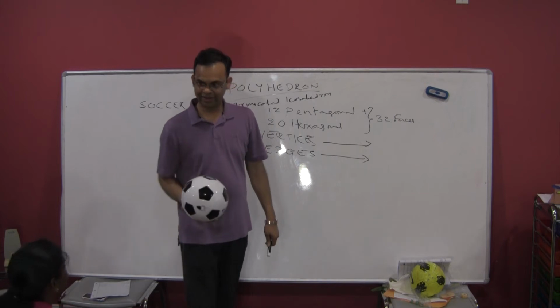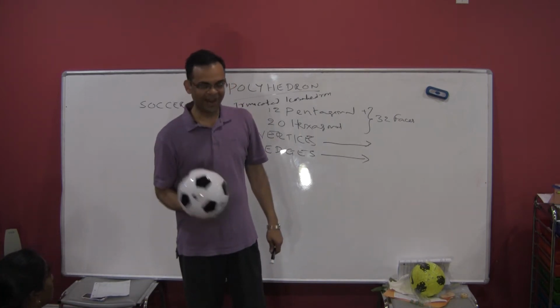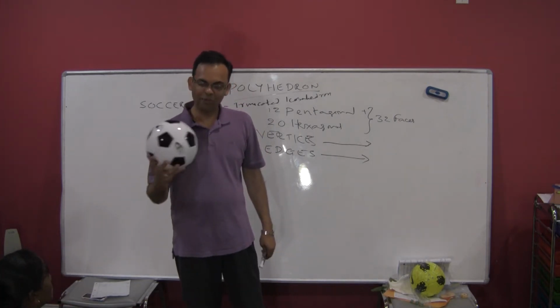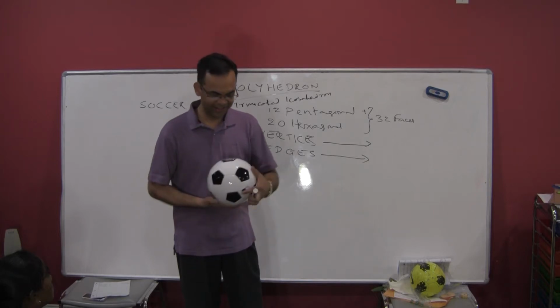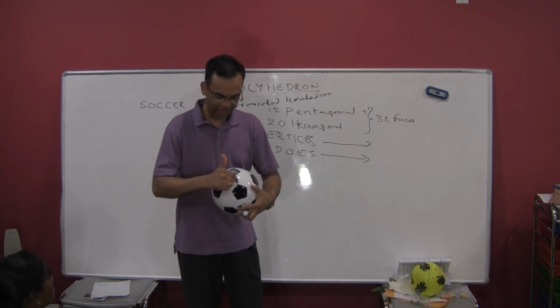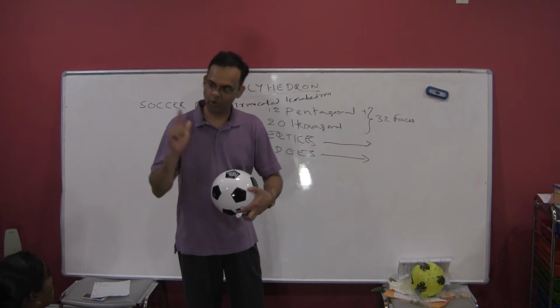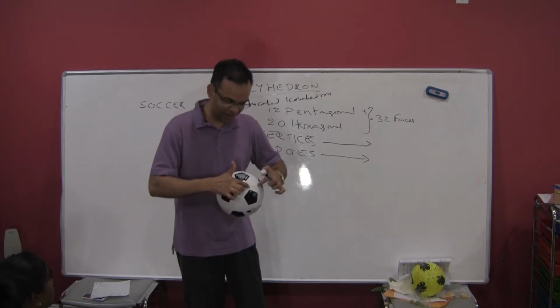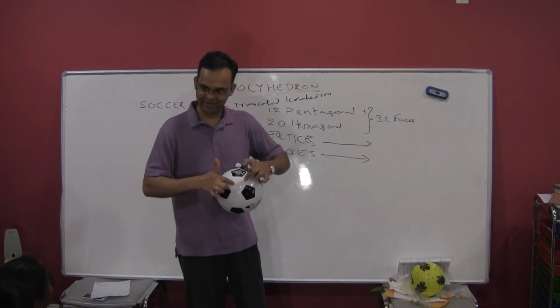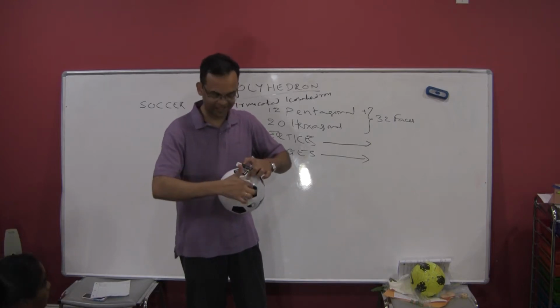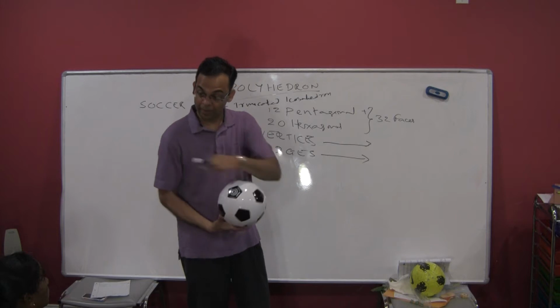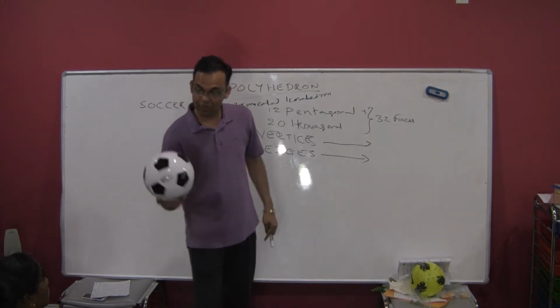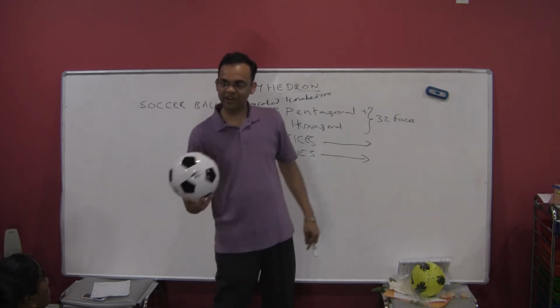That's smart thinking. Except that you made one minor mistake. If you observe carefully, every edge is counted twice. Because this edge is part of this face, also part of this. This edge is part of this and this. This edge is part of this and this. But your approach still works. So because of that, what do we need to do to find the real number of edges?